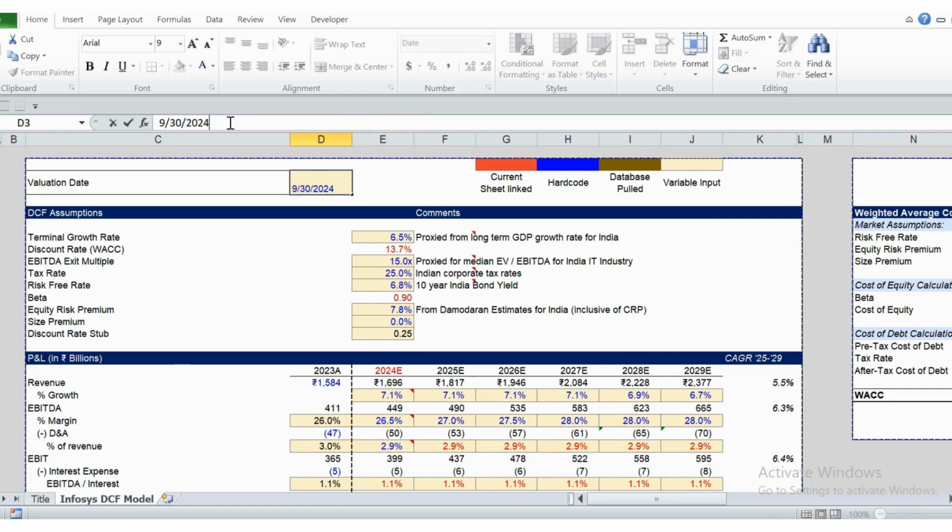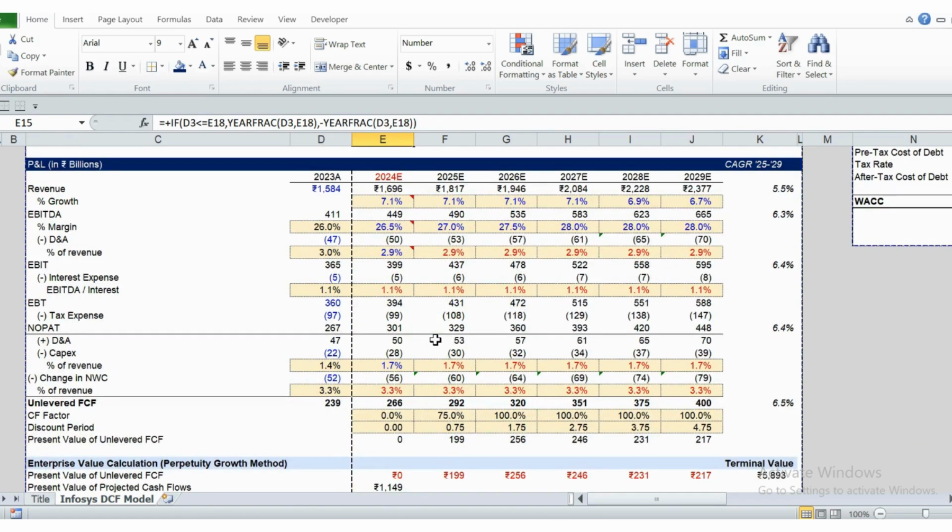So instead of 2024, if my deal closes on 31st March 2025, let's say, then this stub becomes minus 0.25. What happened here is that I am not interested at all in the free cash flow generated from 2024, and from 2025 I am only interested in 75% of the cash flow, because whatever cash flow was generated up to March 2025 has already been used by the company.